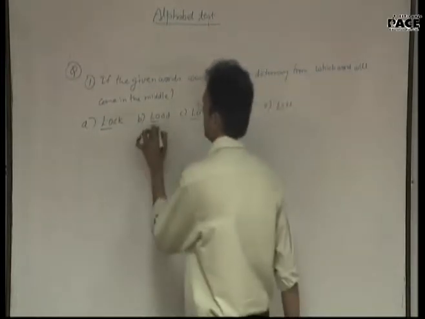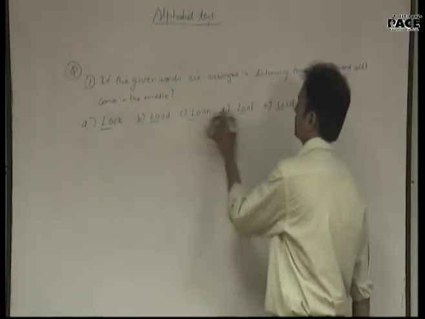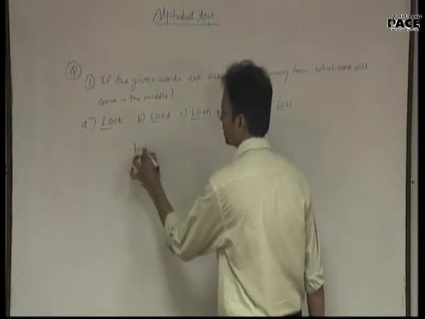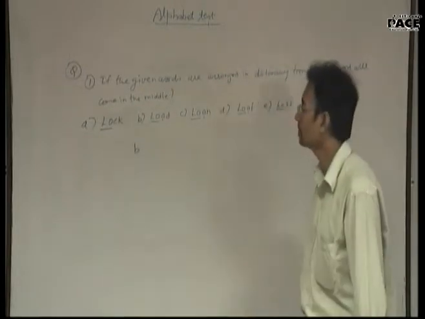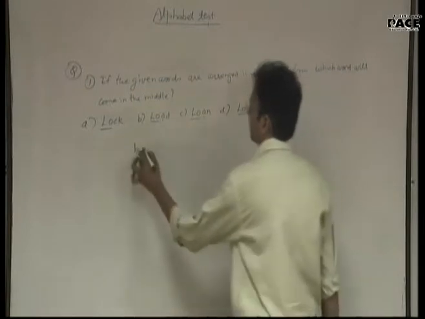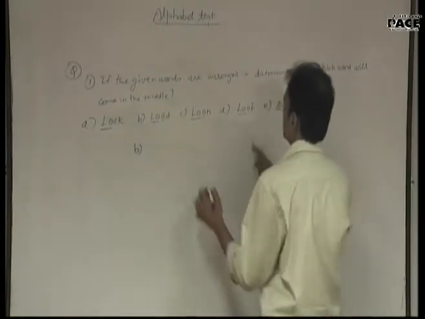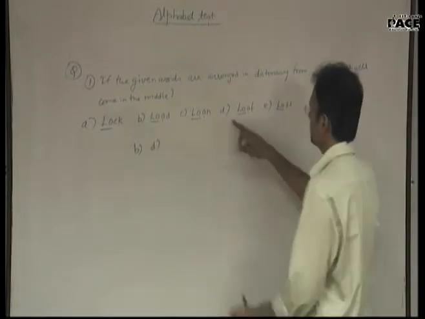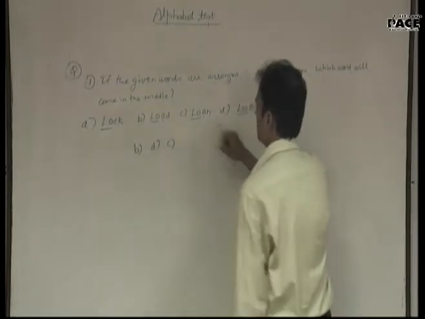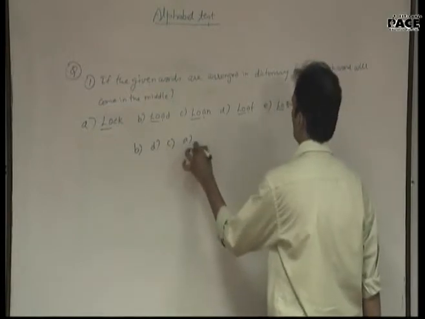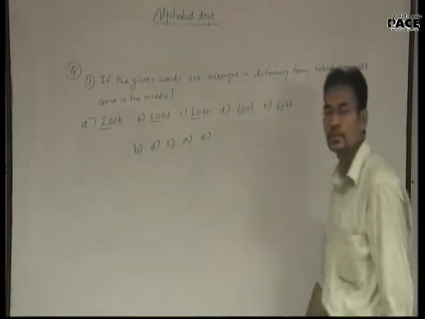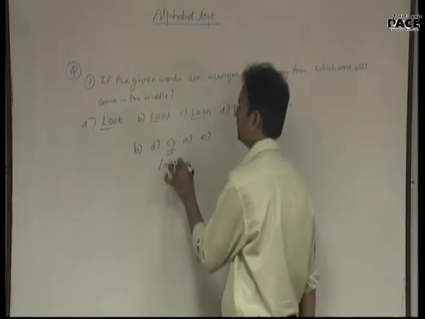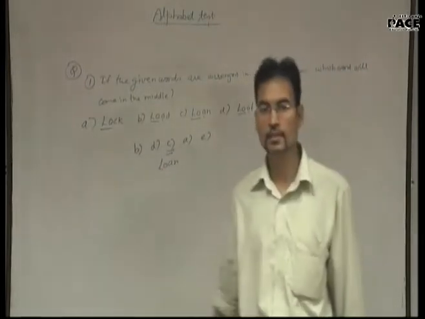Now after that A comes, then B. So B will be the first word. If you arrange them, D will be the next word, then C will be the next, A will be the next, and E will be the last one. So C alone will be the correct choice.